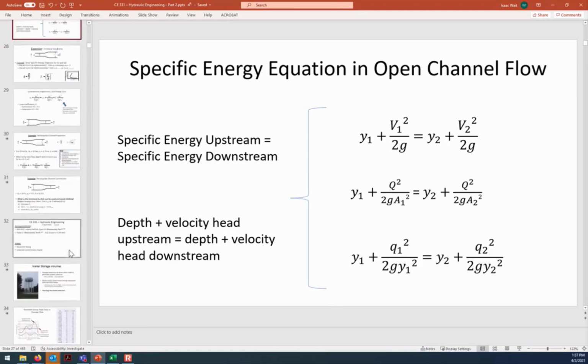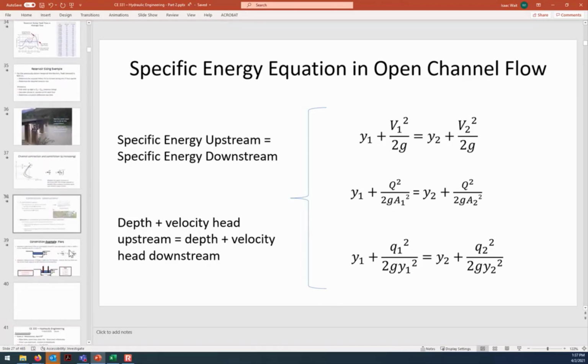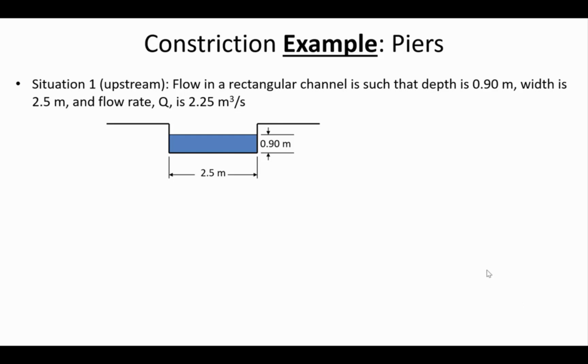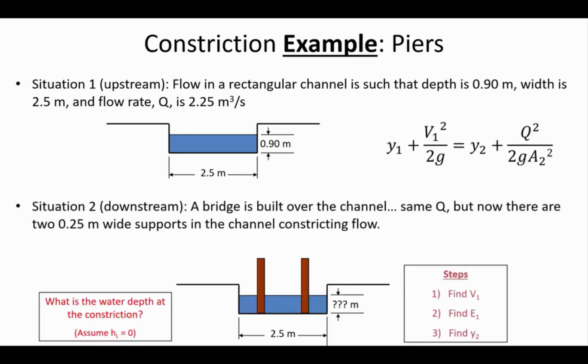Alright, so in this example that we're looking at now, we don't know the y2, the downstream depth. We do know the flow rate Q, that's available. So what we can do is, once we find E1 on the left-hand side of the equation, the only unknown on the right-hand side of the equation is going to be y2.